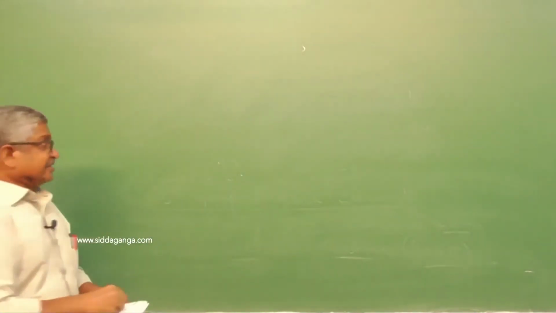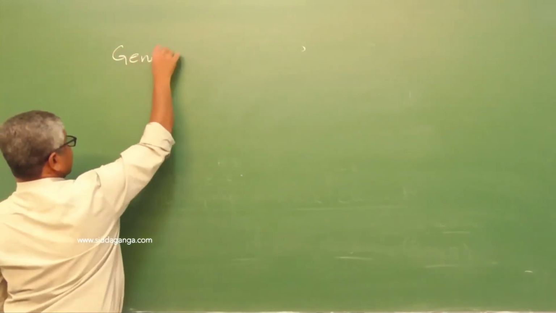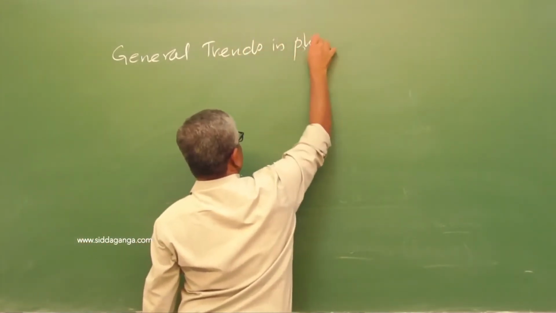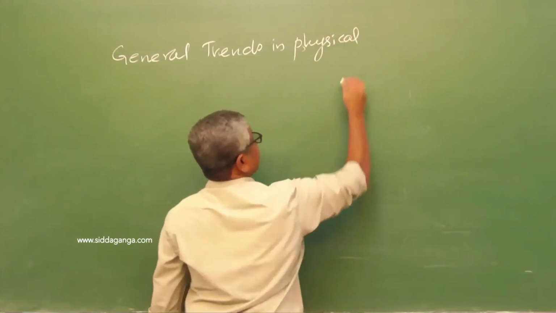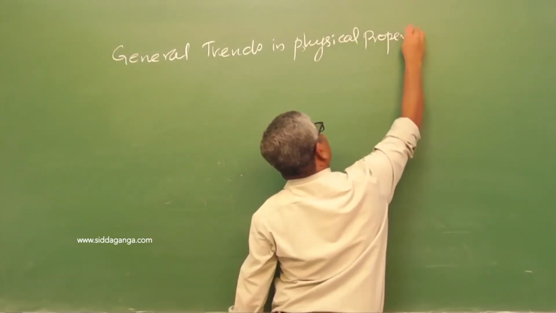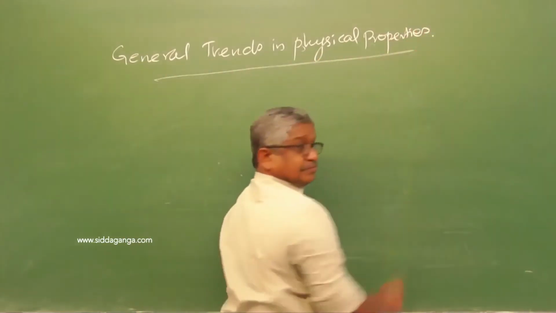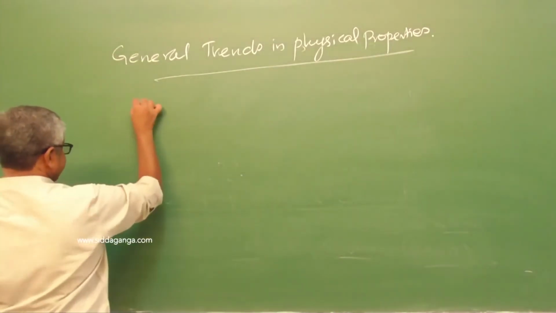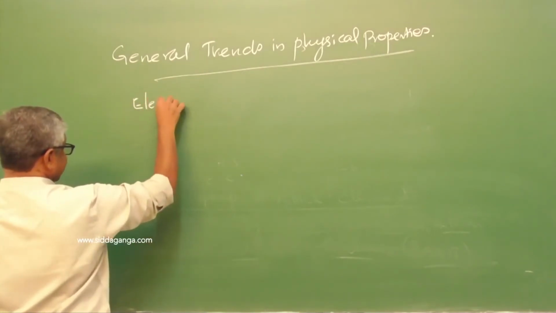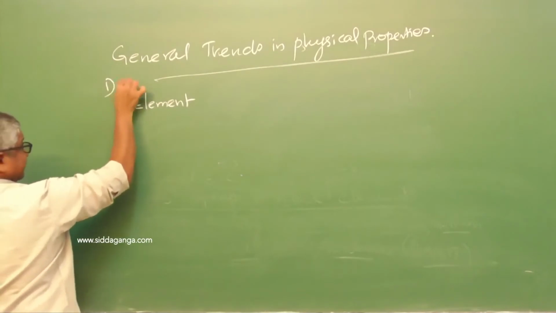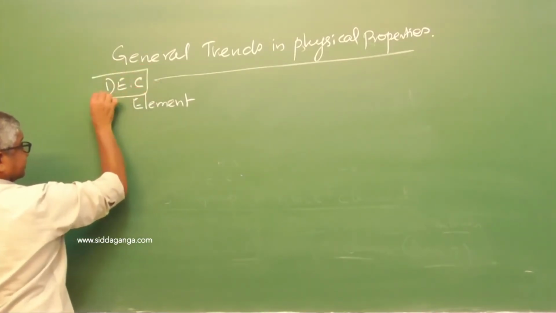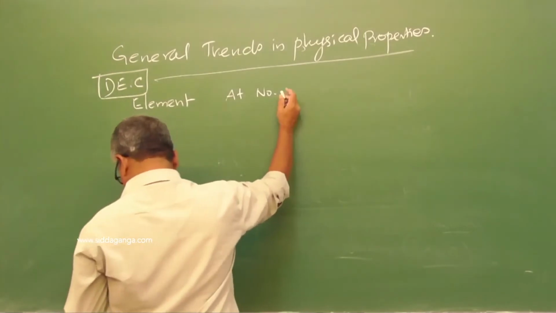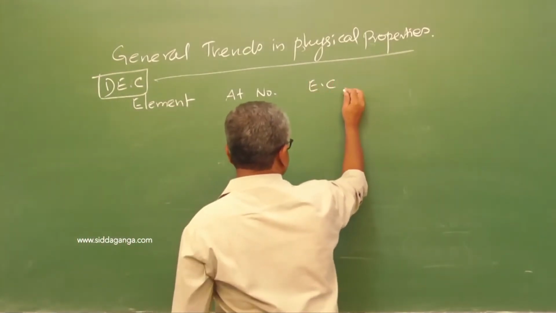The first column is the element, then atomic number, electronic configuration.